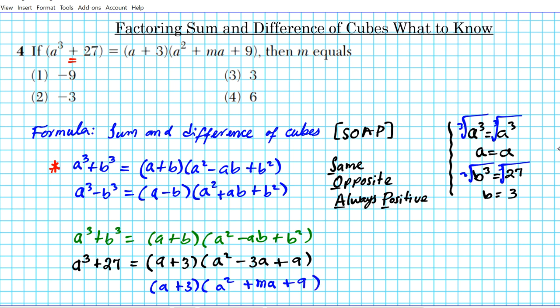So we're looking for the value of m. The middle term helps us to find the value of m. So we're going to equate the middle term of the factored form with the middle term of the unknown component, set them equal to each other and solve.